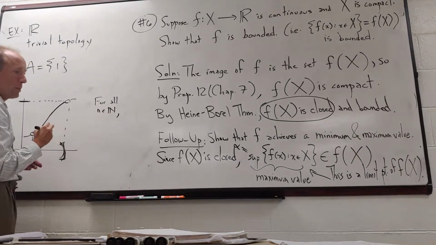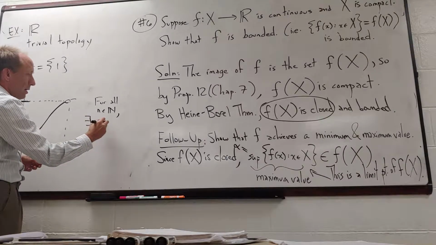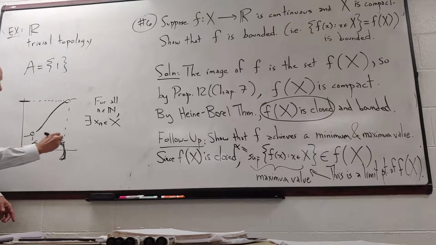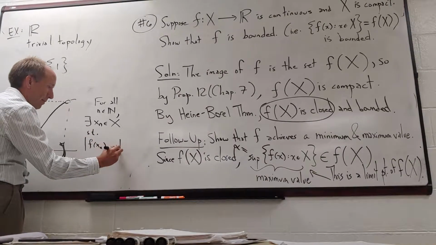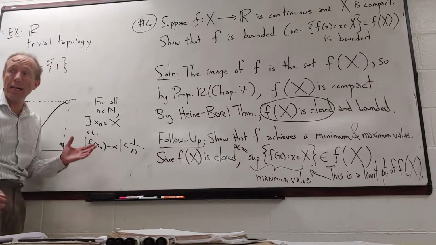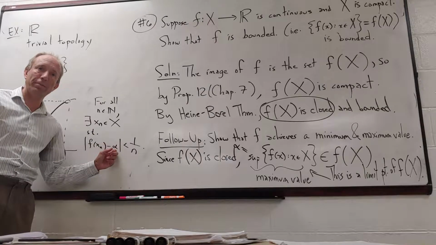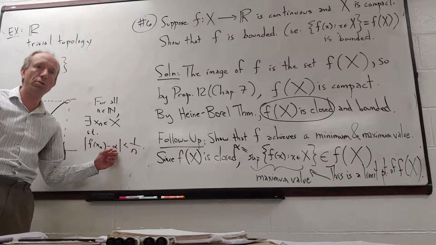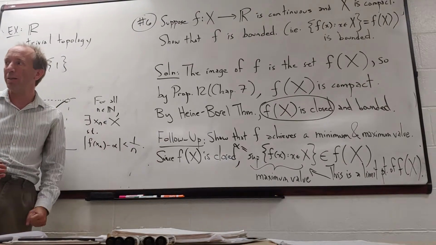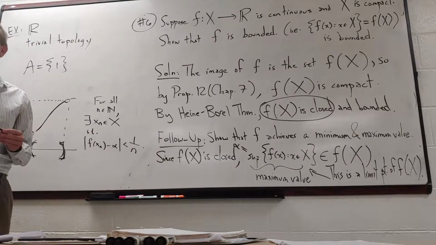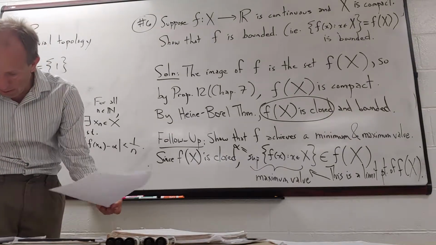For all natural numbers n, there exists an xn in the domain such that the distance between f of xn and alpha is less than 1 over n. You can create a sequence that approaches alpha. Okay. If you couldn't do that, then alpha wouldn't be your supremum. You could actually make your upper bound smaller. So that's basically the reasoning. Okay, so I think we're good on that.